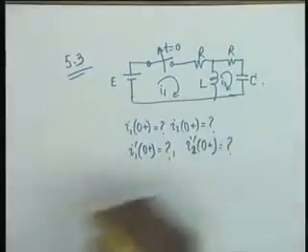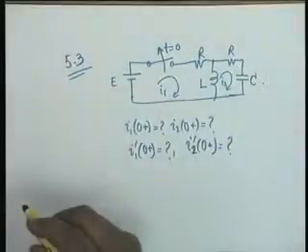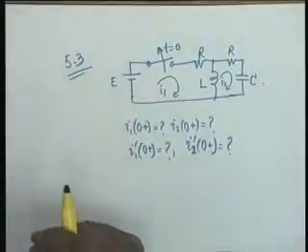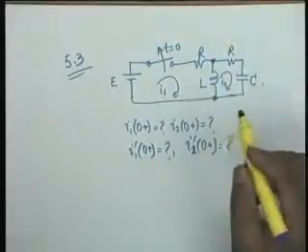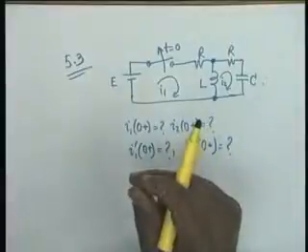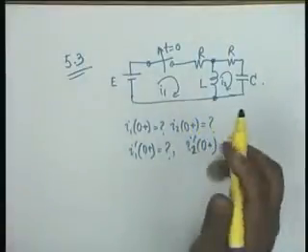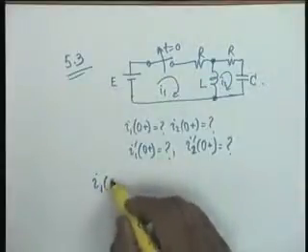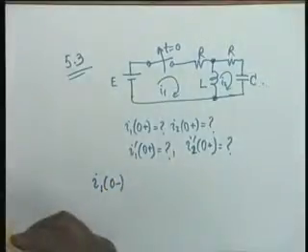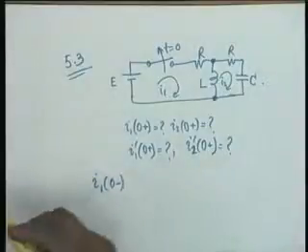These are the four quantities to be found out from the network. Now obviously, before the switch is thrown open, the conditions have reached steady state, and therefore I1(0-) and I2(0-) can be found out from physical inspection of the circuit.